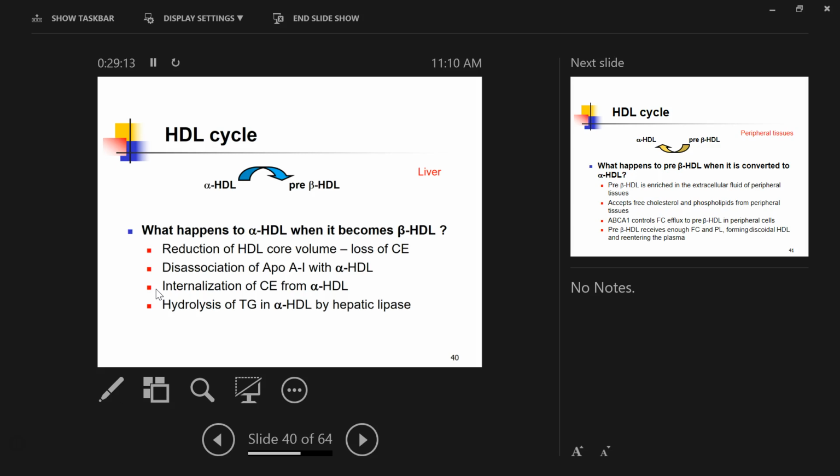So hepatic lipase should be the important hydrolysis enzyme. Does that make sense? So this is actually happening in the liver.